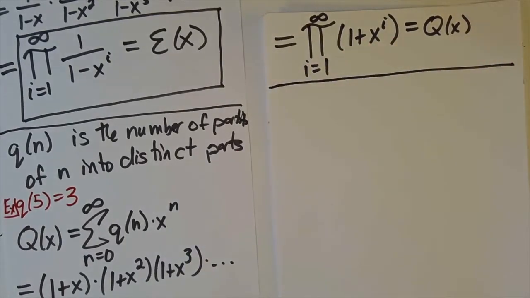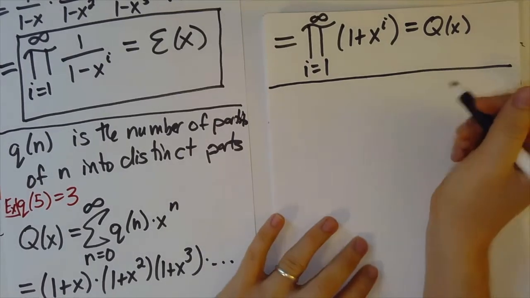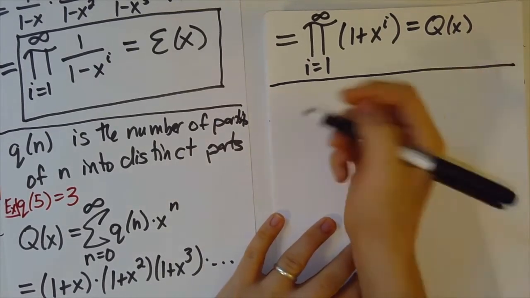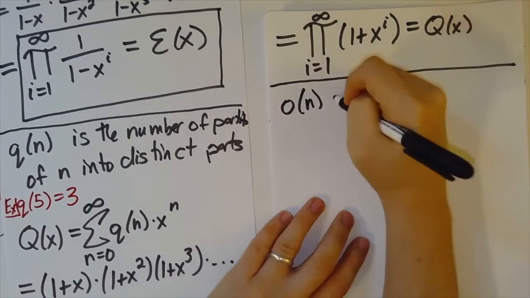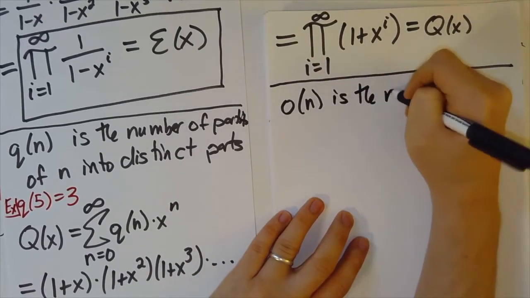Okay. Another flavor we talked about. We talked about partitions into specifically odd parts. So O of n, this is going to be the number of partitions of n into odd parts.